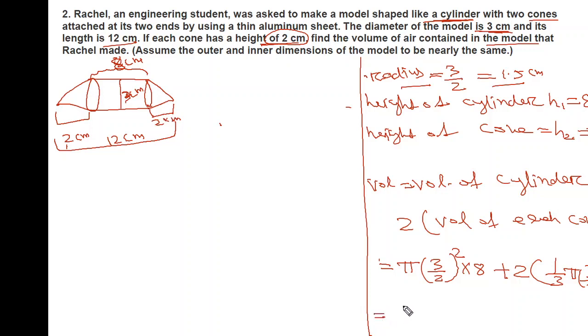Okay, now we can take pi. 3 by 2 square will be 9 by 4 into 8 plus 2 into 1 by 3, it will be equal to 2 by 3 pi, 3 by 2 square will be 9 by 4 into 2.